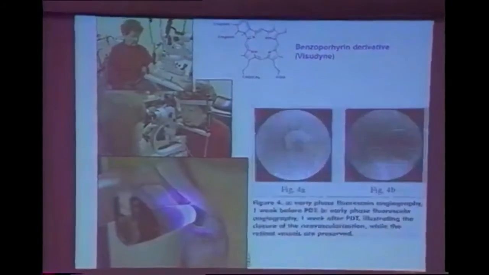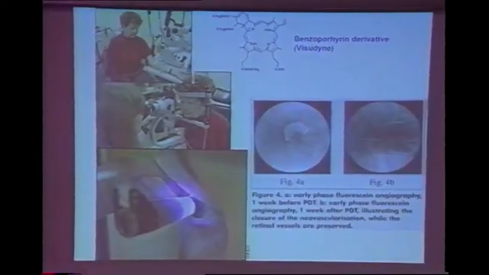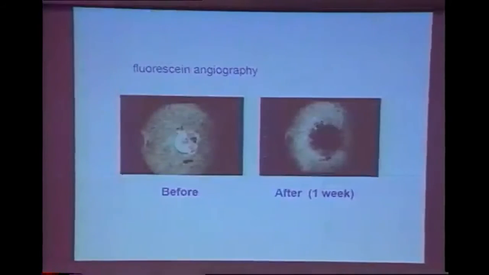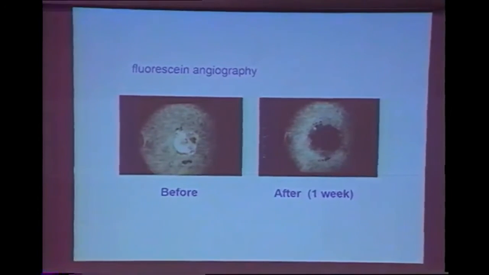I showed you how that's done, and I showed you the examples. So here's before, and here's after. So basically, the treatment is closing down all these abnormal blood vessels.